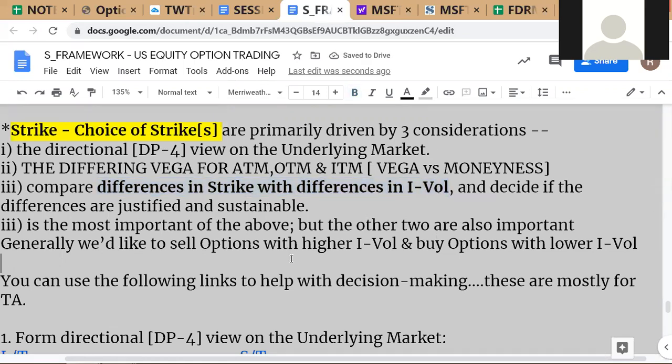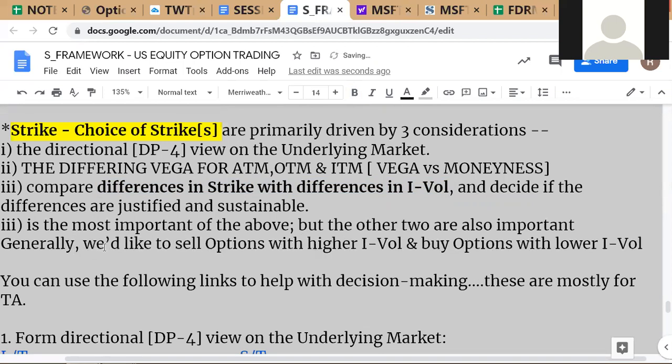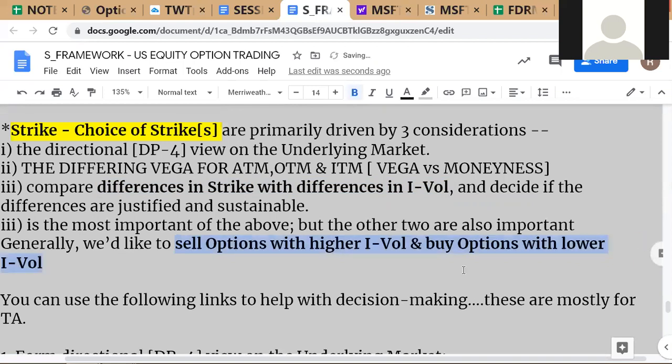I showed you that, generally, and I've qualified it with generally so that I'm not making an absolute statement: sell options with higher eyeball, buy options with lower eyeball. Very simple, because I have already told you that eyeballs are an index of option prices.